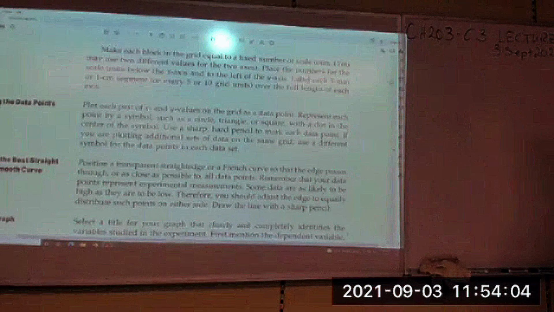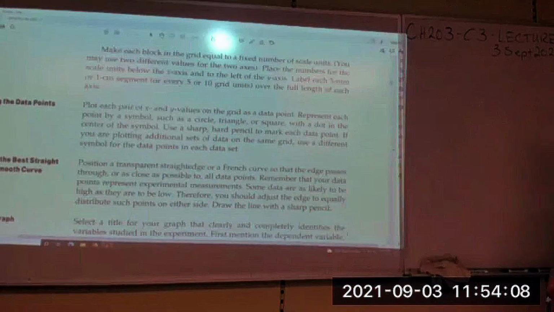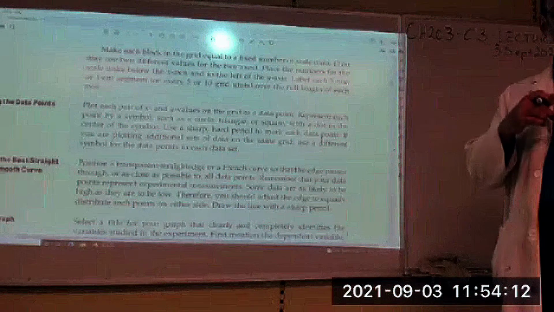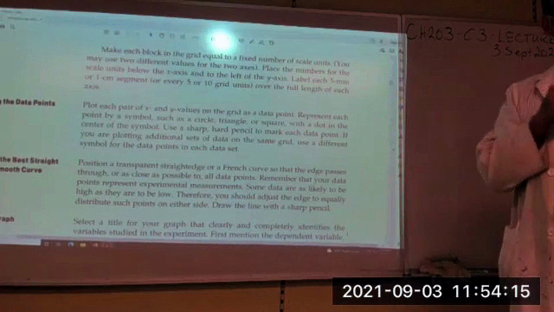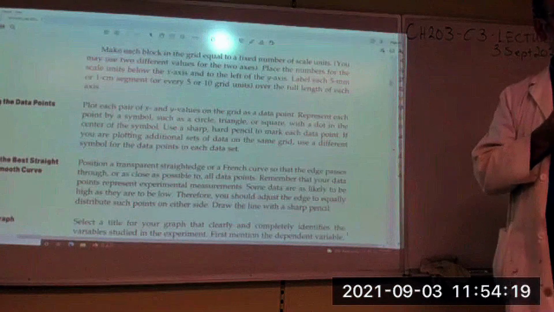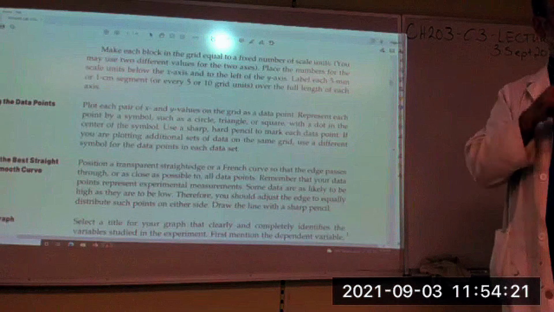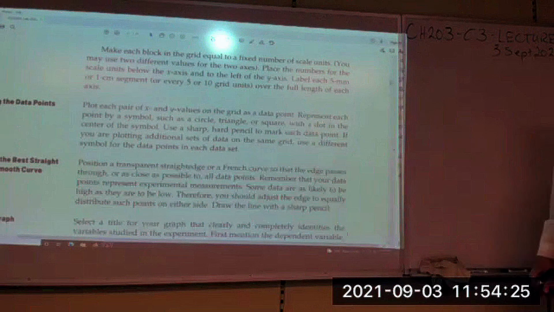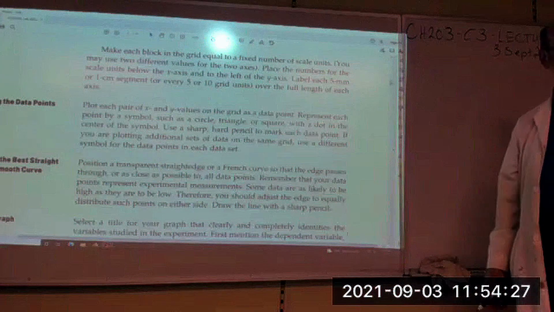Okay, so we're plotting data points. Usually you want to use a sharp instrument, like a pencil with a nice point on it. That way, you want it to be dark enough and bold enough so that you can see the point, but not so big that it obscures other information. And if you're using a computer program, you can vary that.